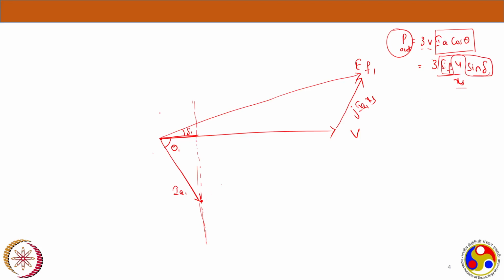So again, what is EF sine delta? This is delta, this is EF. EF's projection on V would be EF cos delta, but I need EF sine delta. EF sine delta would be this one. This particular length, the perpendicular length from V, is the EF sine delta, the projection onto the perpendicular of V. So this is the axis.